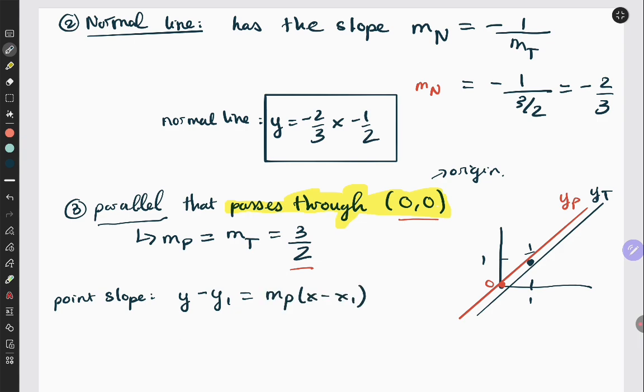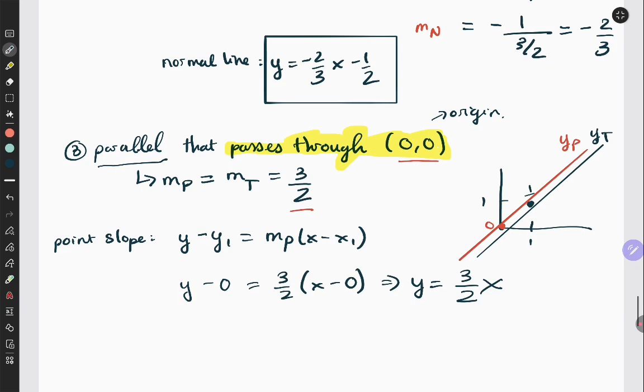Because this point this time is 0, you have 0, 0 right here. You have 3 over 2 here, and you're done. Okay, any question?